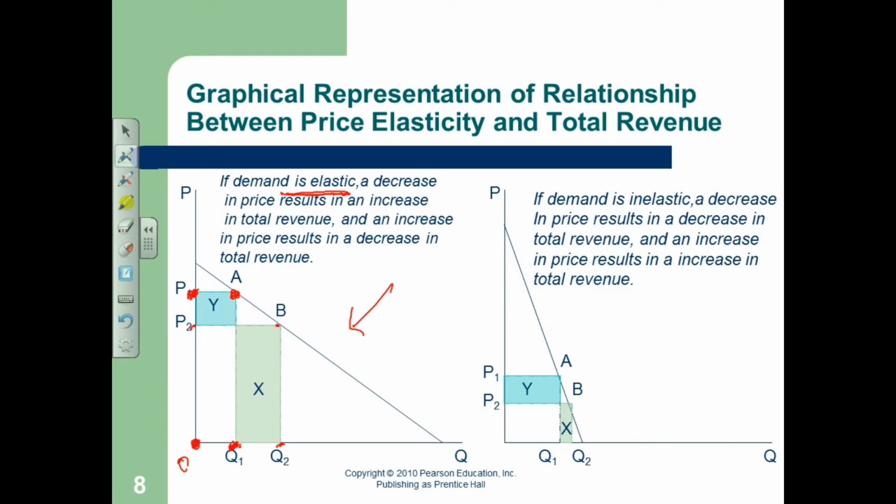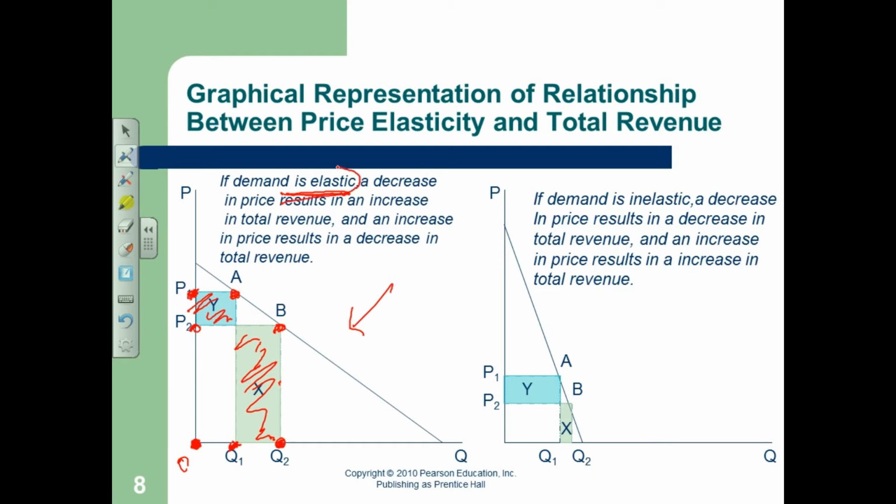When you lower your price to P2, now P2 multiplied by Q2 would give you O P2 B Q2. So by moving the price from P1 to P2, you would give up Y, this much of your revenue. However, you would gain X. So your gain is much more than your loss because of lowering prices. Therefore, your revenue will go up.